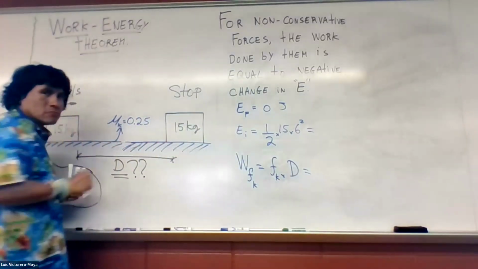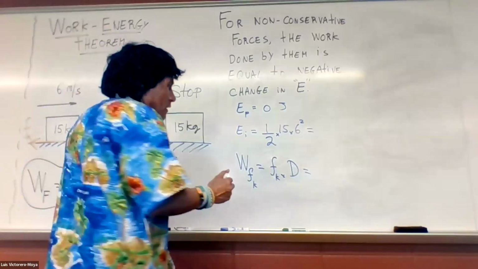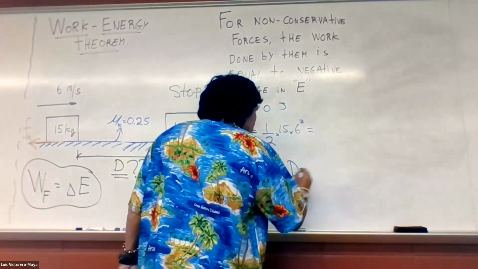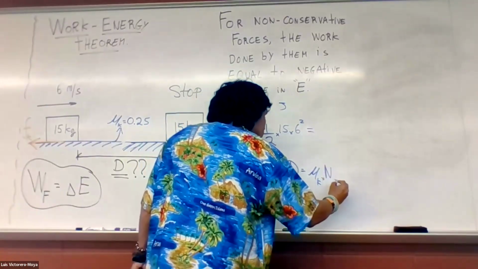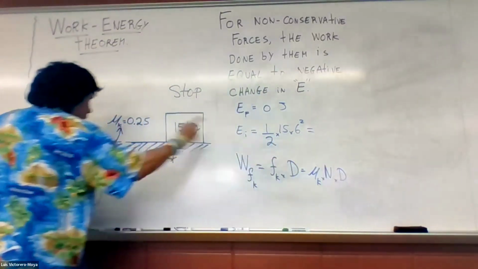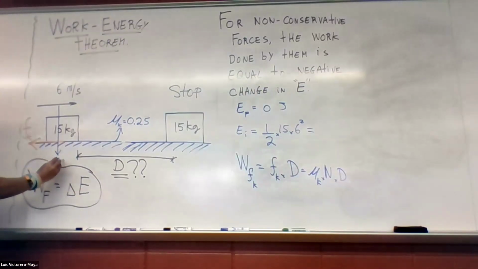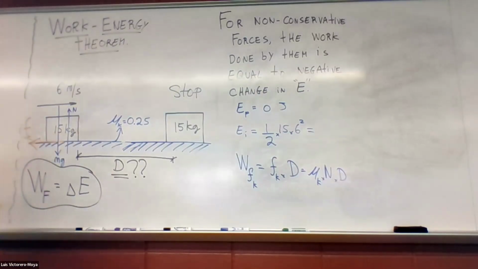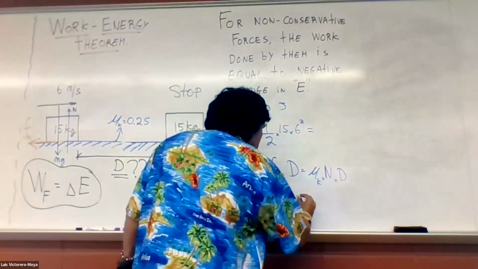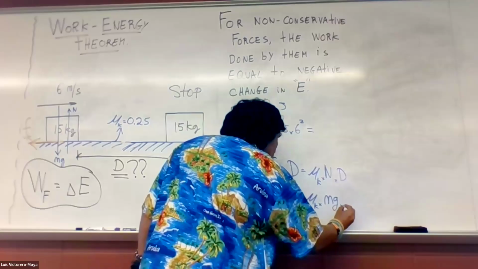Friction acts all along. That's why, right? Fk is mu k times normal times the distance, the work. This is mg. This is the normal. So the normal is just mg. So mu k mg times distance.